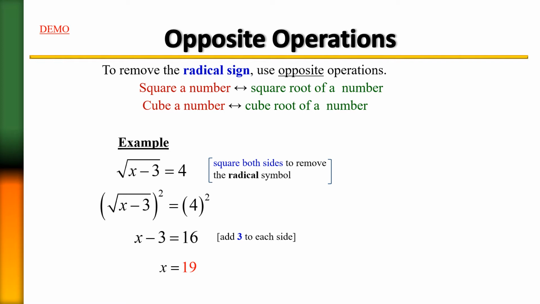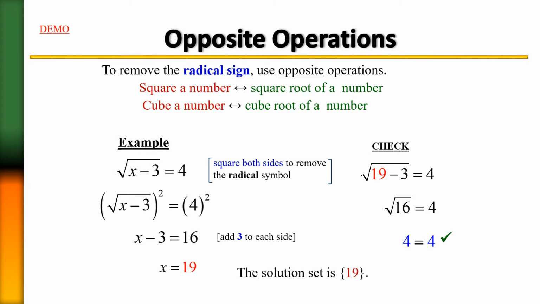In other words, plug them back into the original equation to see if it indeed is the solution. So into the original equation, removing the x and replacing it with 19 will look like so. 19 take away 3 is 16. And the square root of 16 is 4, so it does check out, which means yes, my solution is 19.